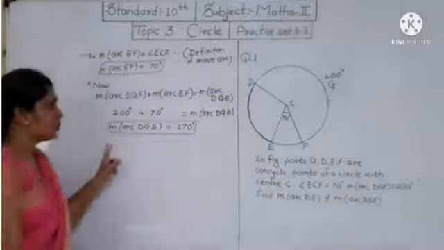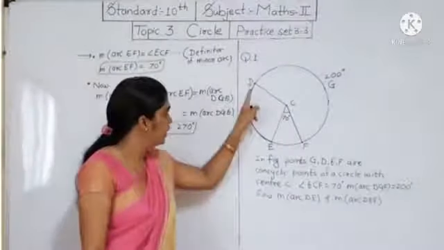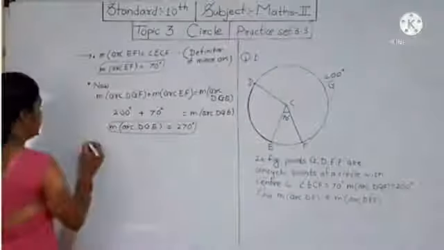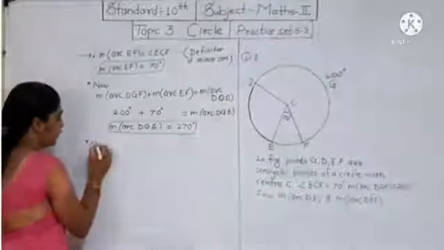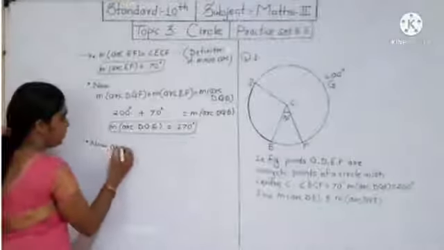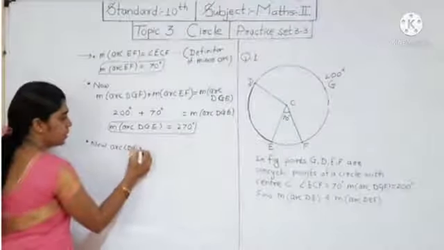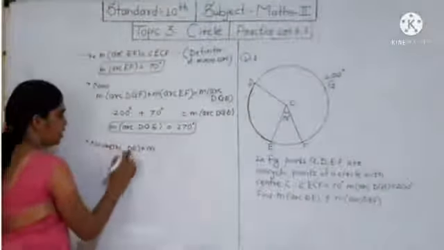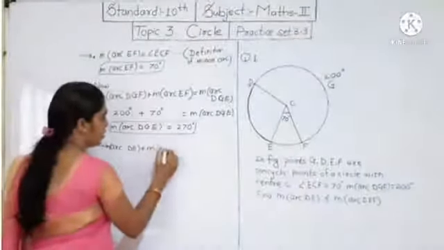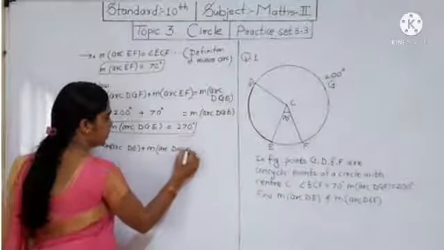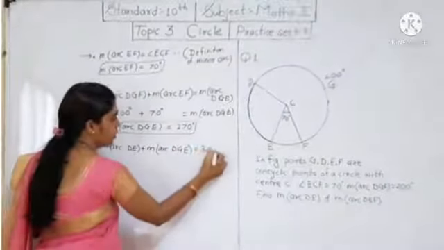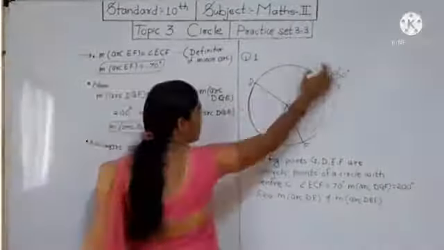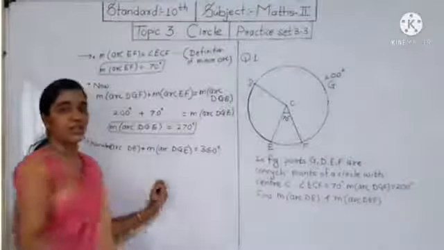Now, but we want arc DE. What is the arc DE? See now, arc DE plus major arc DGE is equal to 360 degrees. See, DE plus DGE, this is the complete circle.